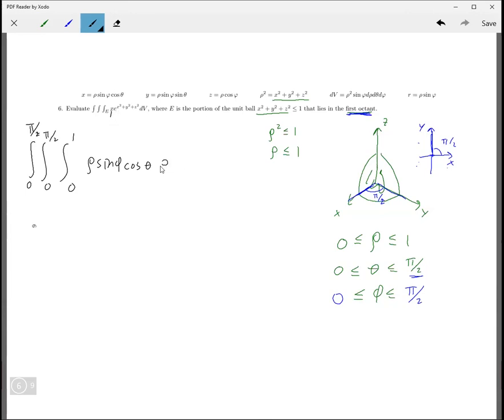Here we have e raised to the x squared plus y squared plus z squared. You could substitute these in, but then you realize that x squared plus y squared plus z squared is just rho squared. So that's e to the rho squared. And then your dV is all this: rho squared sine phi d rho d theta d phi.